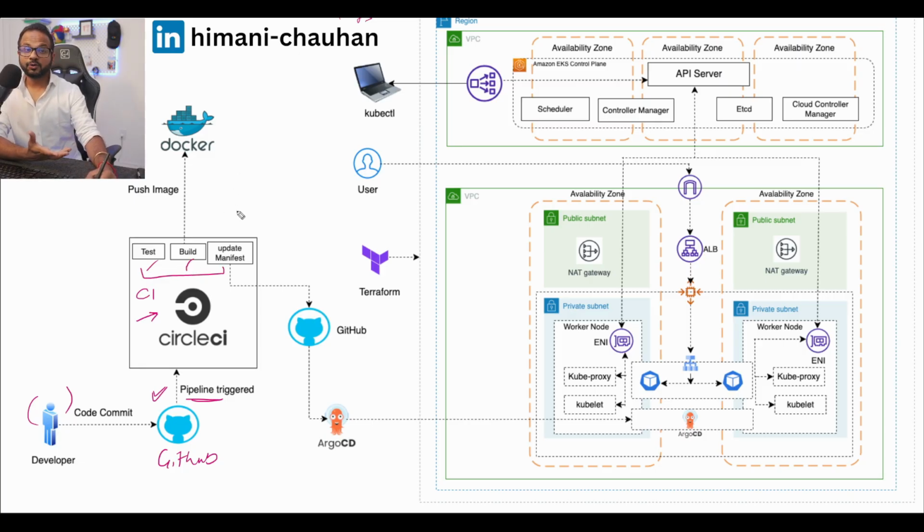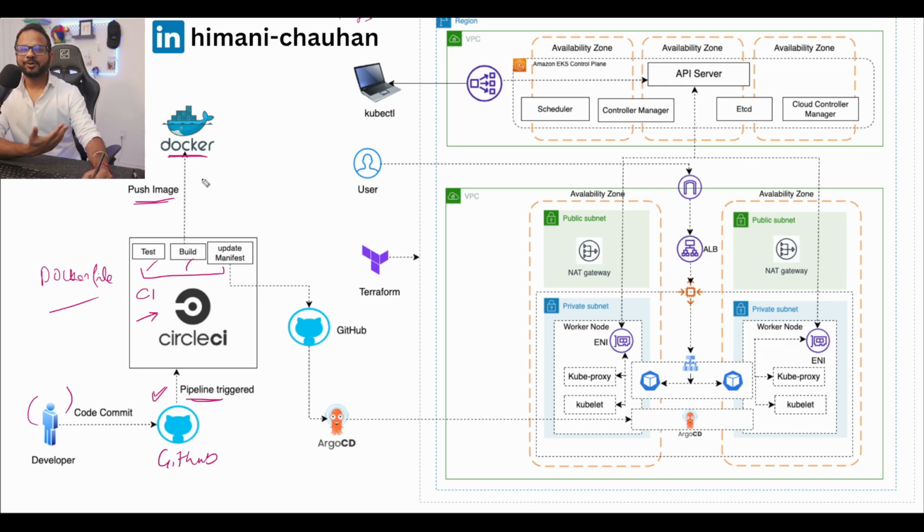So along with the code in the same repository, there is a Docker file. This Docker file will also, sorry about my handwriting. So this Docker file will be building the Docker image that we will be using as part of our deployment services. The Docker build step will be taken care of by CircleCI automatically. Then the image will be pushed to a container registry such as Docker Hub.